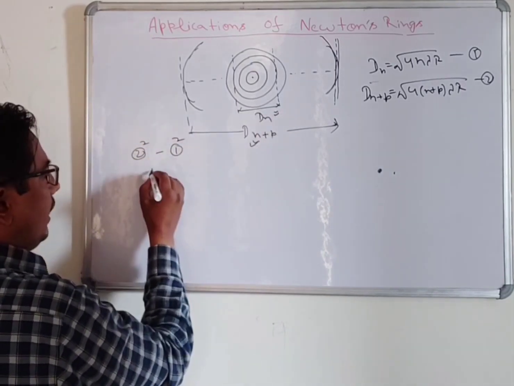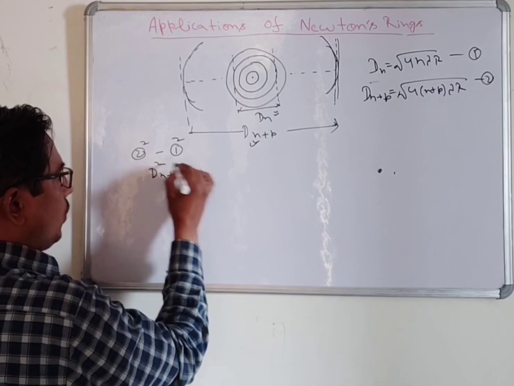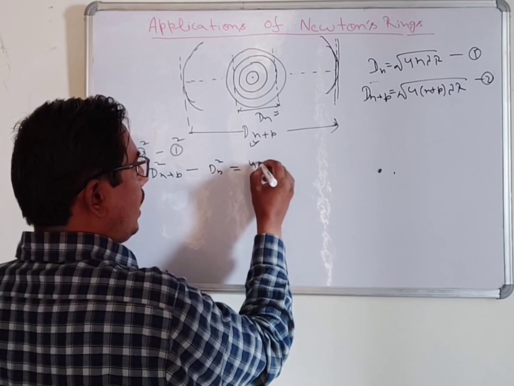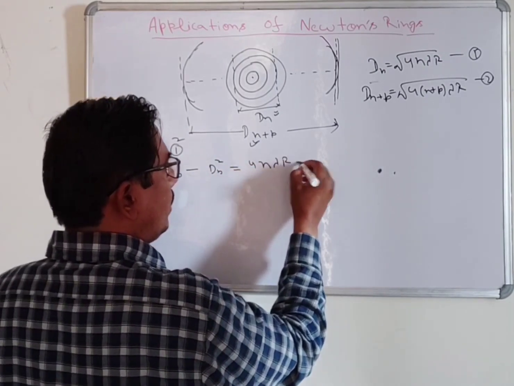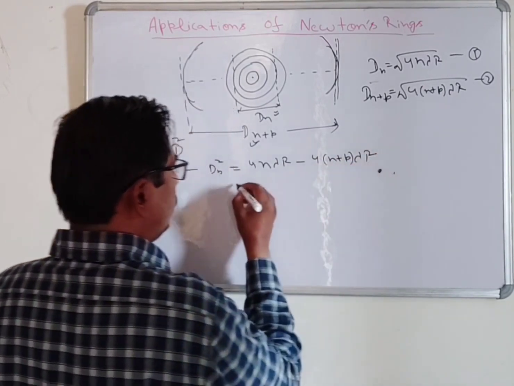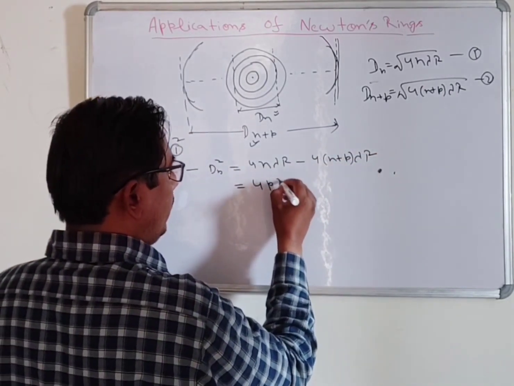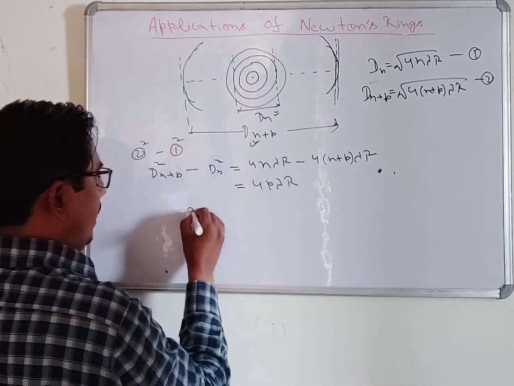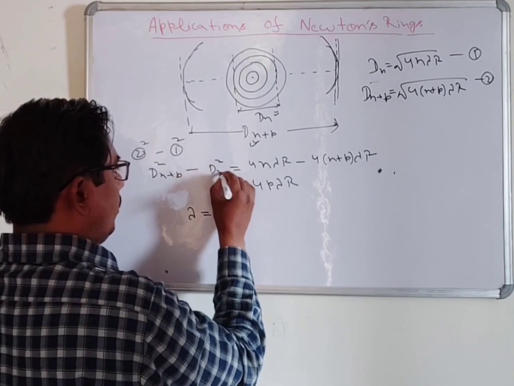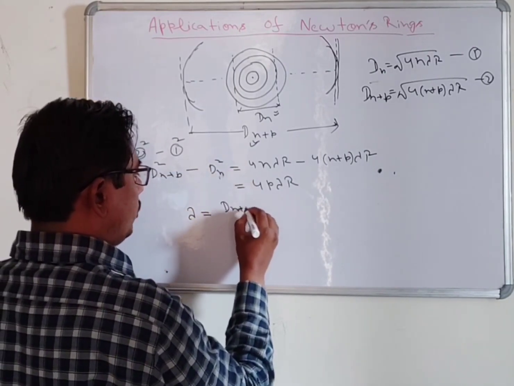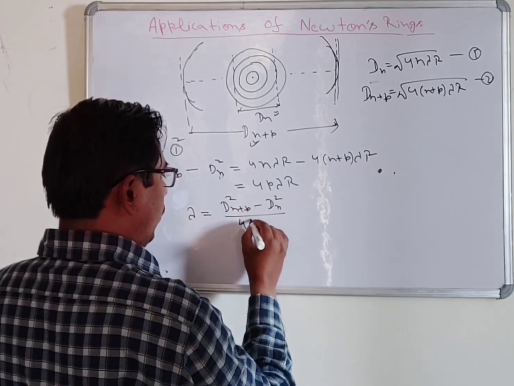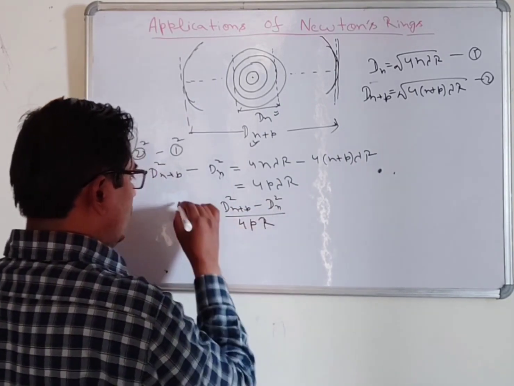It means that Dn plus p square minus Dn square equals 4n plus p lambda R minus 4n lambda R, and you will get the result 4p lambda R, and lambda is the wavelength of the light. You know, lambda equals Dn plus p square minus Dn square divided by 4pR.